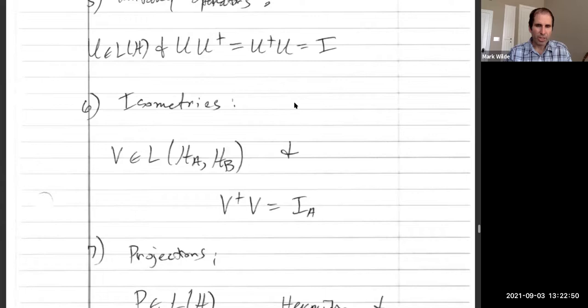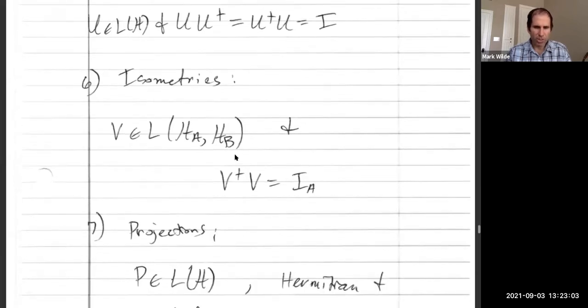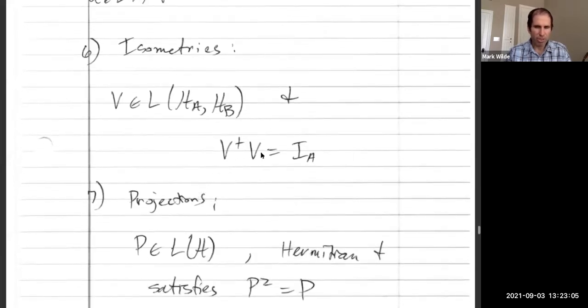If you calculate V V dagger, it need not be the identity, but it ends up just being a projection onto the output Hilbert space. You can prove that it's a projection using the definition we're about to give. The way an isometry is defined is that V dagger V is the identity.